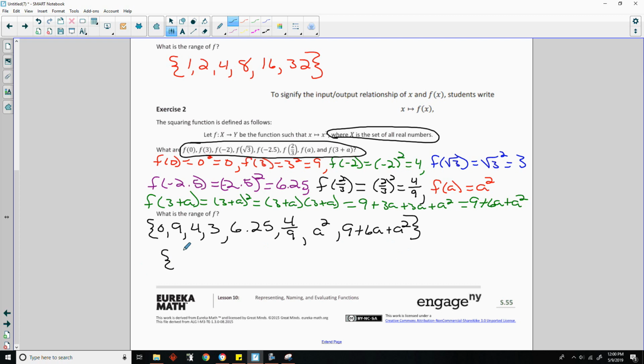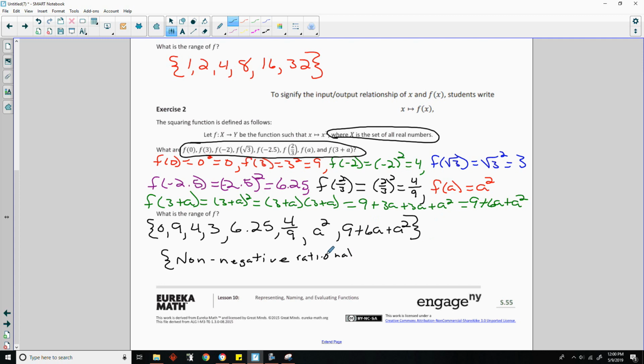They're integers, but they're not the non-negative integers. So that's probably the easiest way to say this. Non-negative. Not just integers either, rational numbers. Non-negative rational numbers.